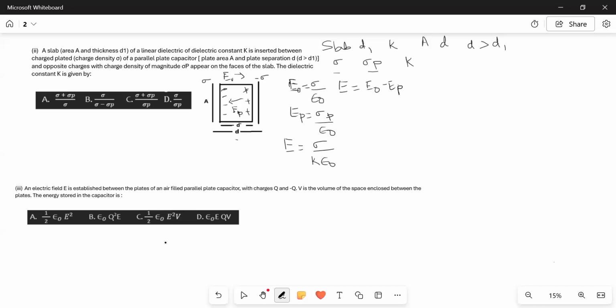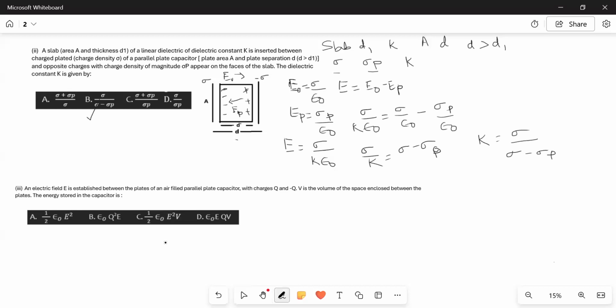So substituting the value, we get sigma by K epsilon naught is sigma by epsilon naught minus sigma P by epsilon naught. Epsilon naught gets cancelled. We get sigma by K is sigma minus sigma P, or K is equal to sigma by sigma minus sigma P. So the correct answer is B.